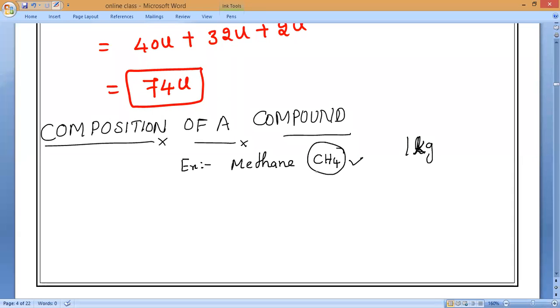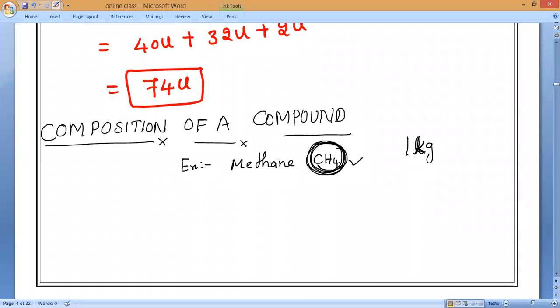How much percentage is present? So by knowing the mass percentage of a particular element in the compound, we can calculate how much amount of that particular element is required to prepare a compound. Do you understand, Harish, Mitakshri? What I'm saying? Yes.